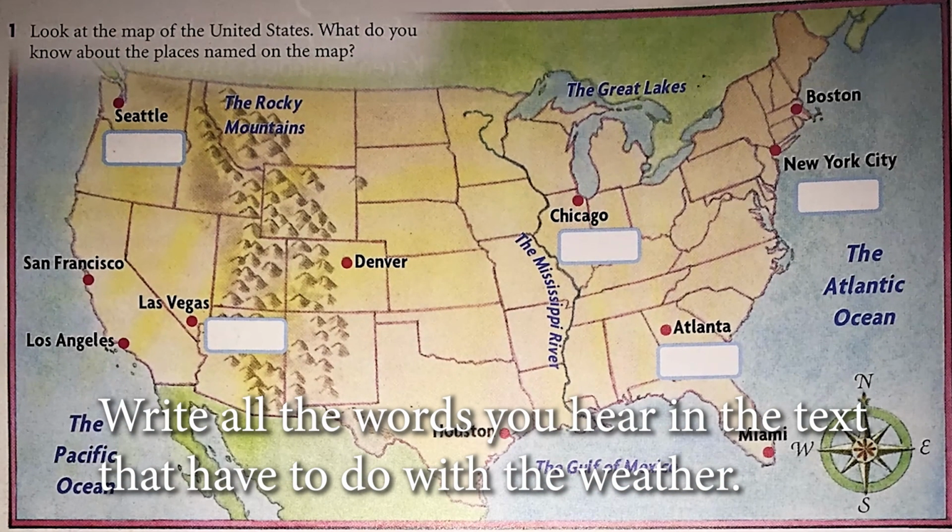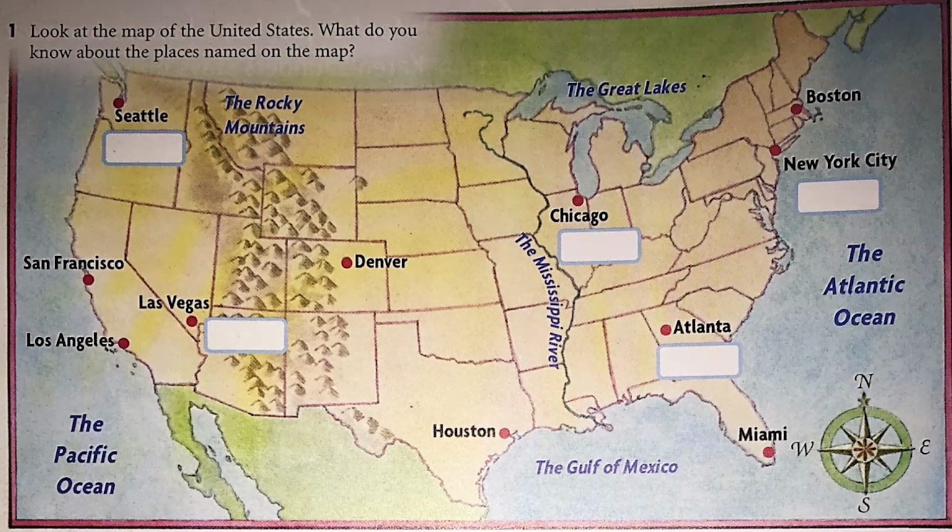Tape script 5.6. Listen to the weather forecast for the United States. Mark on the map what the weather will be like today. Good morning. Here's a brief look at the weather for today in cities across the United States. Expect heavy snow in Chicago today, with up to 5 inches expected to fall. The high temperature today will only be 25 degrees.